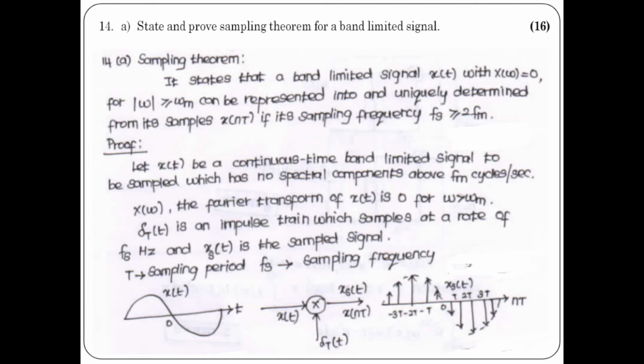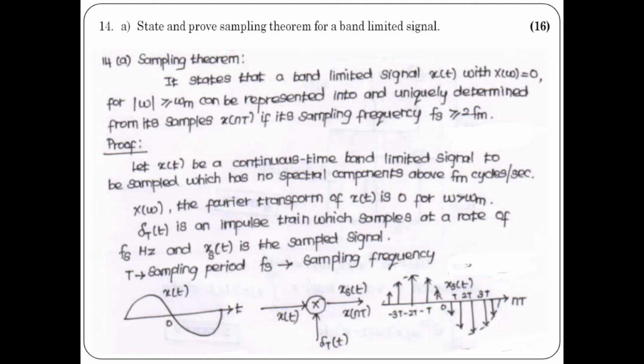What is proof? Let us consider x(t) to be a continuous time band limited signal which has to be sampled, which has no spectral components more than fm cycles per second.